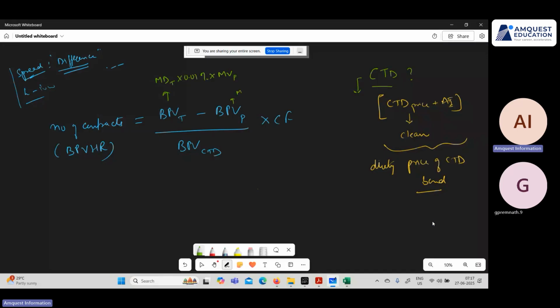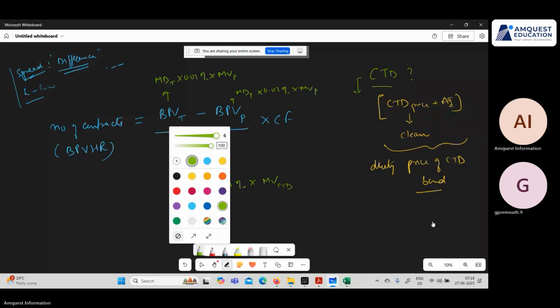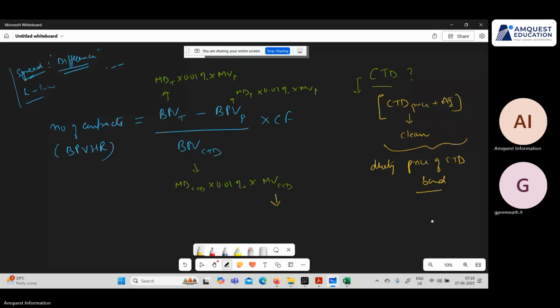The BPV of portfolio is the modified duration of portfolio multiplied by 0.01% multiplied by the market value of portfolio. Similarly, the BPV of CTD is the modified duration of CTD multiplied by 0.01% multiplied by the market value of CTD, and inherently this will be given by the CTD price divided by 100 multiplied by 100,000.